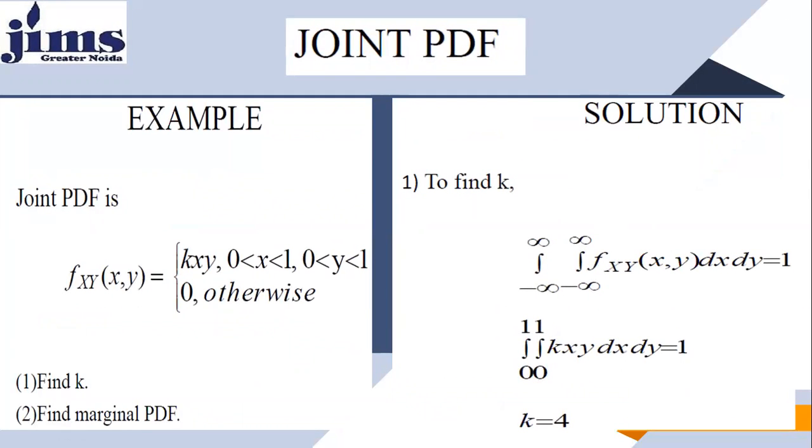Example: again, sometimes instead of the probability, the joint probability function is given and you have to find what k is. Again, this is the mathematical expression, this is the property of joint PDF. Just put the limits separately, 0 to 1 and 0 to 1, because X lies between 0 and 1, and Y lies between 0 and 1. So you put these limits and just integrate, and you get the answer: k equals 4.